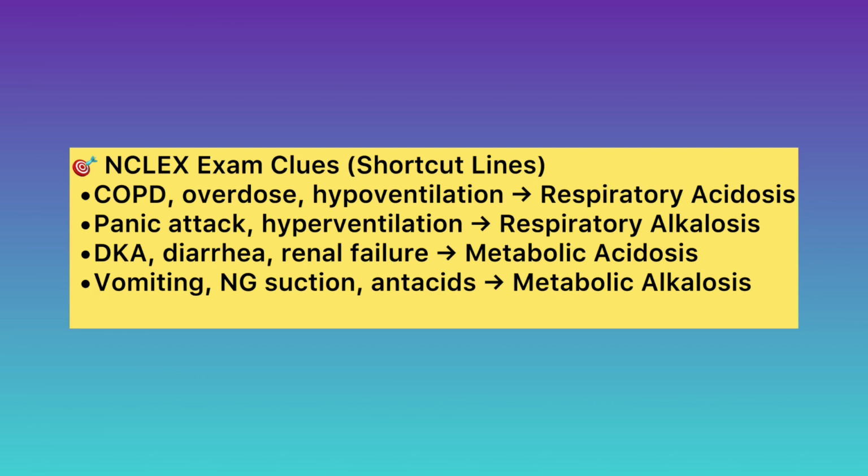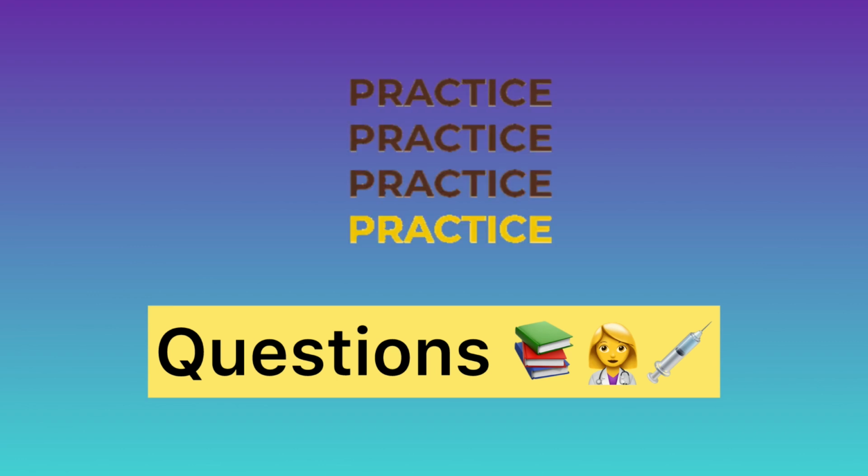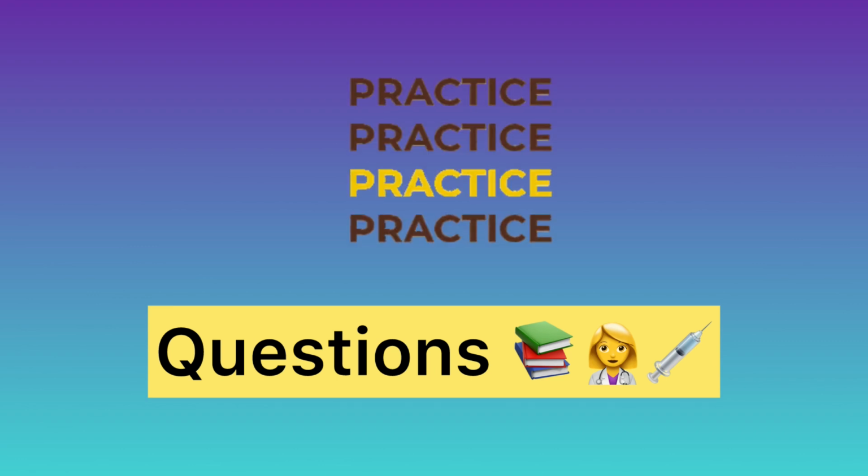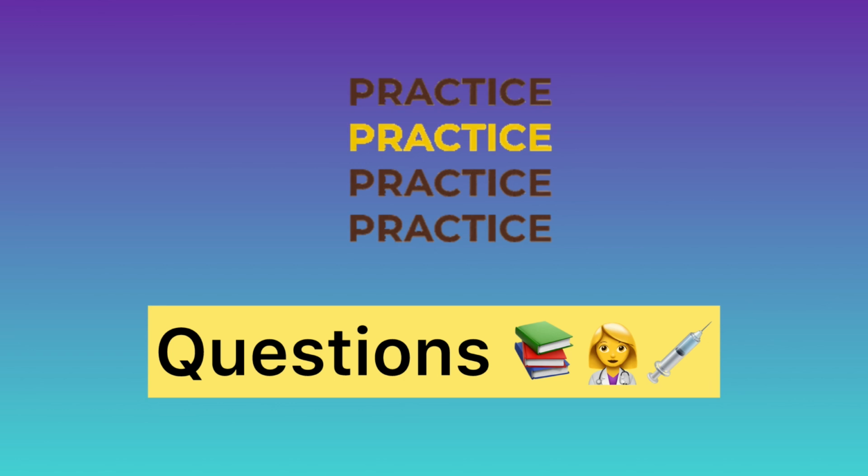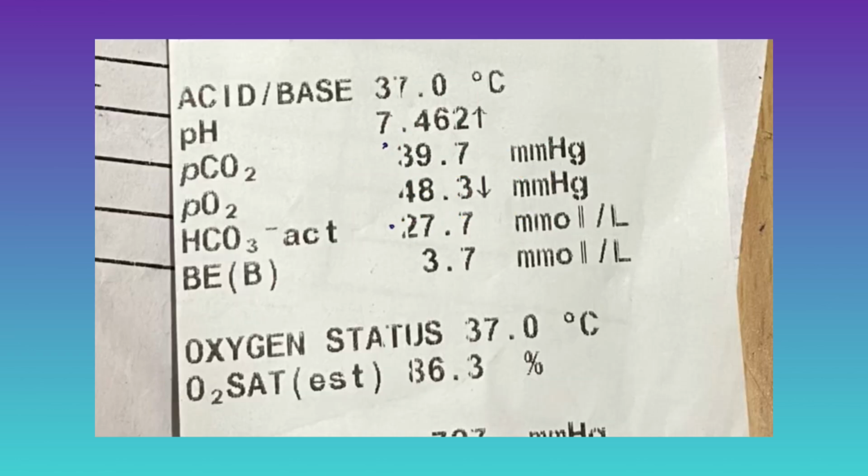Vomiting, NG suction, antacids mean metabolic alkalosis. So we have practiced a lot of questions. NCLEX loves to test you on ABG, so usually 5 to 6 questions come directly from this topic. So do more and more practice. Next I'm giving another example. Solve this and write down the correct answer in the comment section.